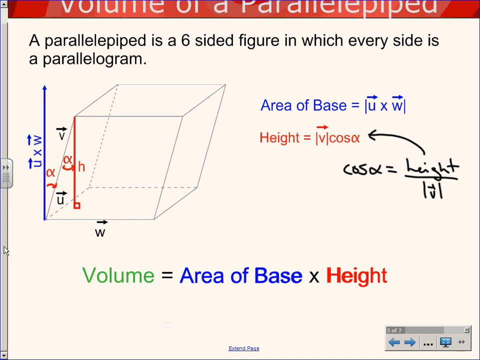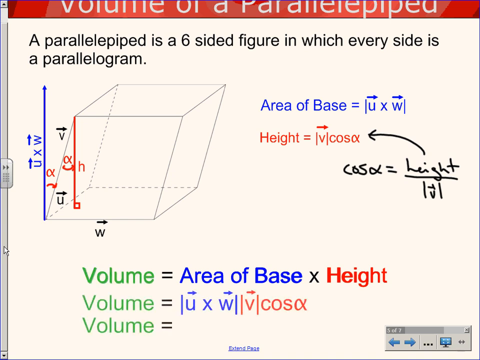So I've got a way of calculating the area of the base. I have a way of calculating the height. So I can sub that in here. Area of the base is just the magnitude of the cross product. And then the magnitude of vector v times cos of alpha. And here's the neat part. I don't think it's obvious as you just look at that. But remember what the definition of the dot product was.